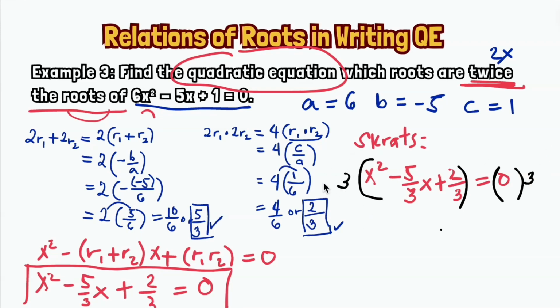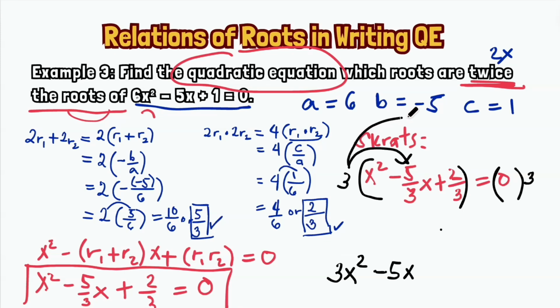Okay? So, we have 3 times x squared. That is going to be 3x squared. Okay? Next is we multiply 3 times negative 5. That is negative 15. Divided by 3, that is negative 5. Okay, so we have negative 5x.